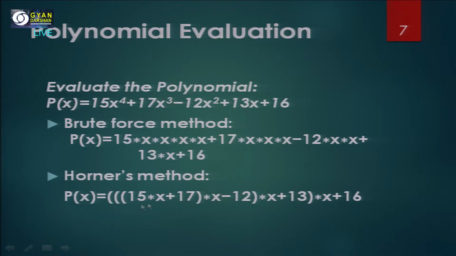So you can see that this evaluation is the same as far as the output is concerned, but the method is somewhat different, right? Because now we are multiplying first, and then the result of the first multiplication is multiplied with x once again, like that.